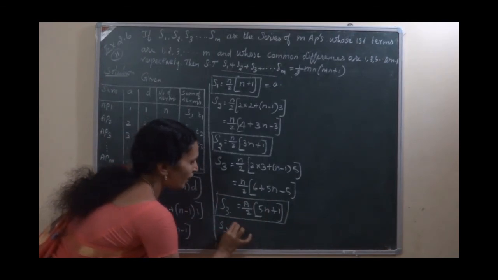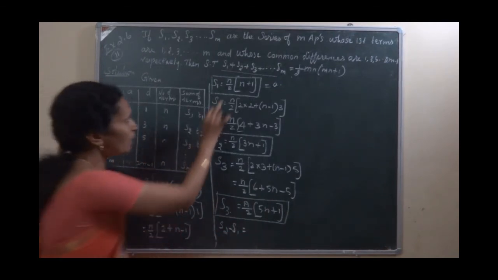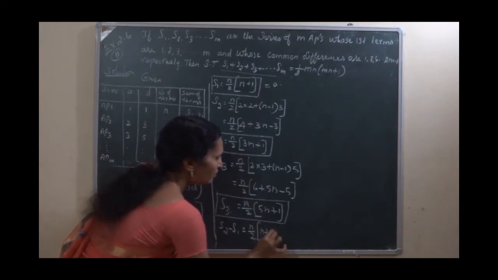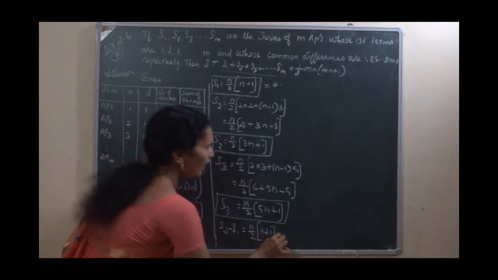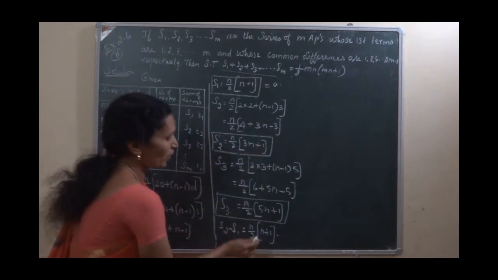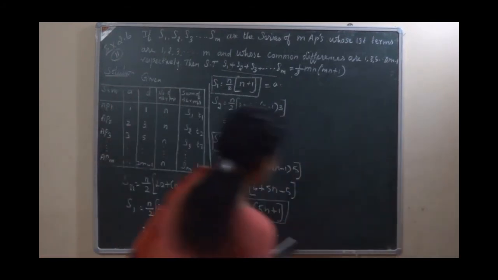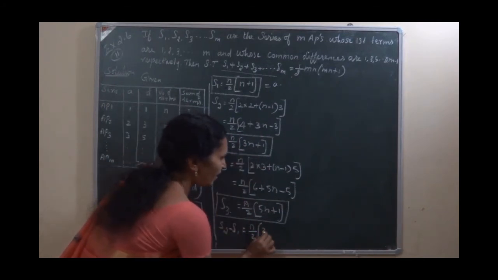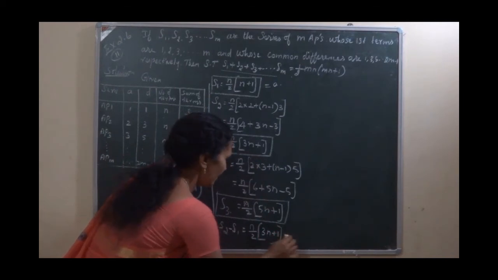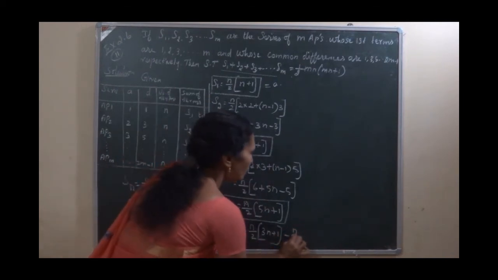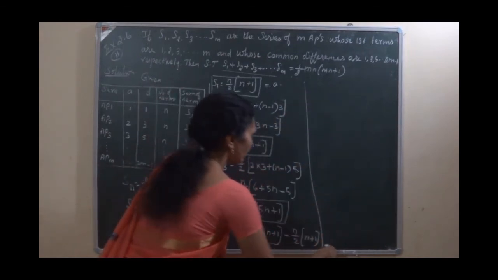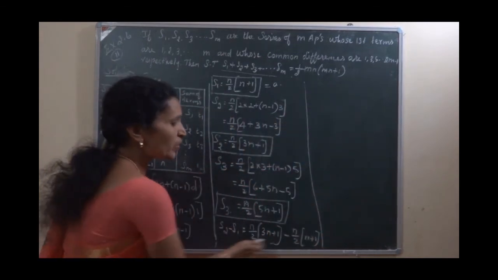S2 minus S1 equal to n by 2 into (3n plus 1) minus n by 2 into (n plus 1). Now listen students, n by 2 is common.